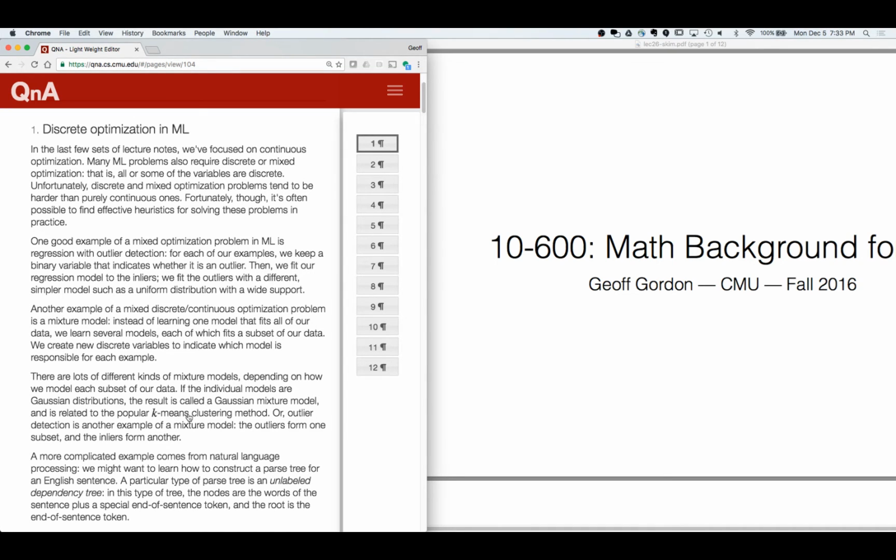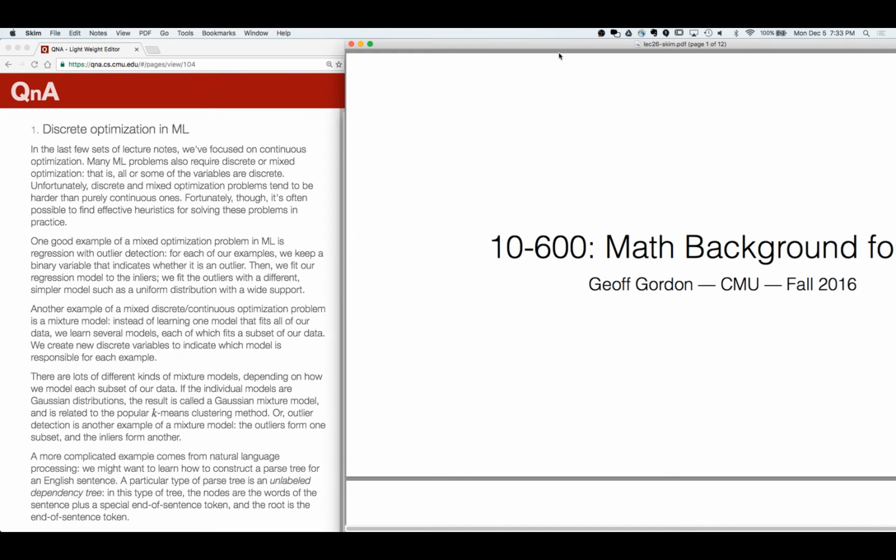To go into a little bit more detail, one common mixture model would be a Gaussian mixture model, where your model is a Gaussian, hence the name. The idea is that instead of fitting one Gaussian to all of your data, you'll fit several.